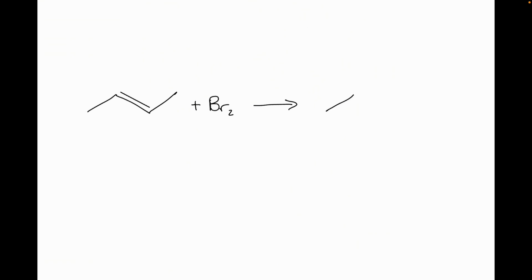All right, so now, because I'm using Br2, I'm going to get a bromine that's added to either side of that double bond. This is what we call just a halogenation.